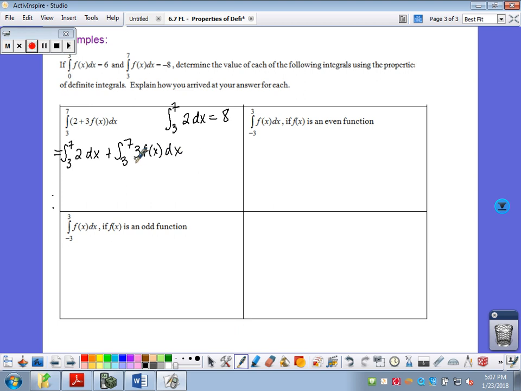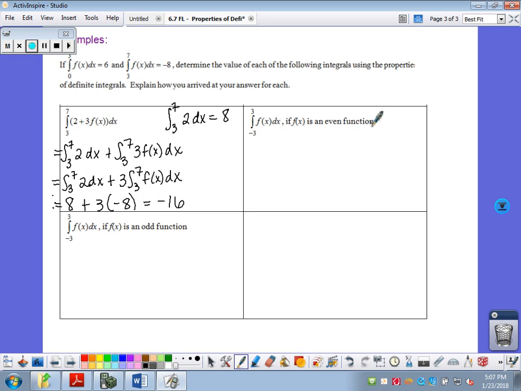And of course we can take this constant and pull it out to the front of our integral. And so now we can just substitute the different values that we know. And so like I mentioned, we're going to have this value equal to 8 plus 3 times this value we are told is negative 8. So we end up with 8 minus 24, which gives us negative 16.